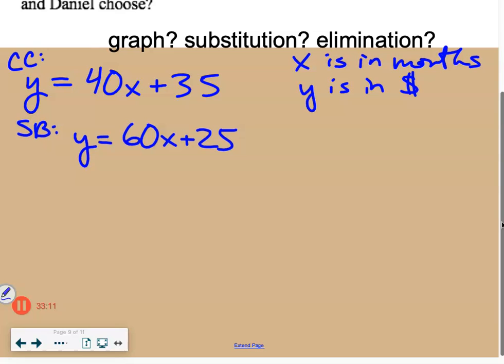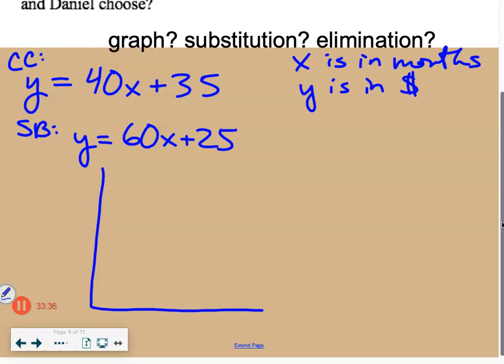I think I'm a very visual person, right? So my brain immediately goes to graphing. If you do substitution and elimination, that'll give you the break-even point. That's where they're the same. But then you'd still have to decide which one's higher after and which one's lower after that break-even point. That's why I think graphing is the best way for this one, if all we're doing is determining a plan.